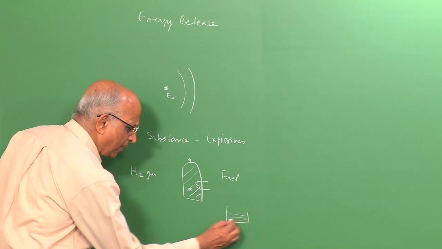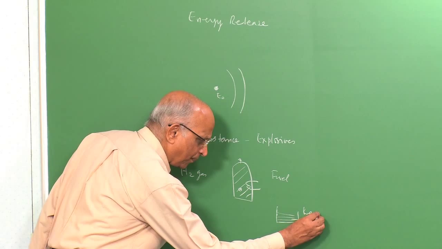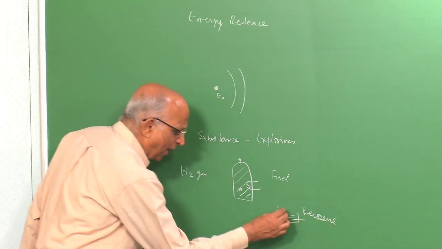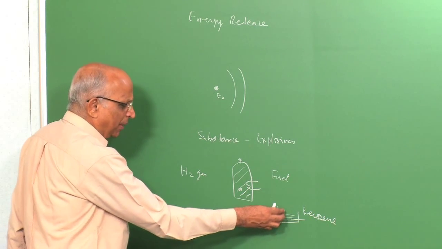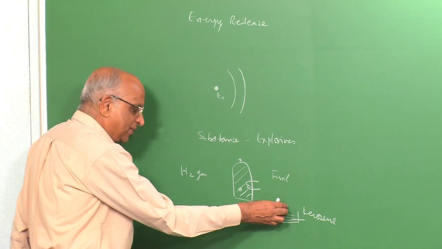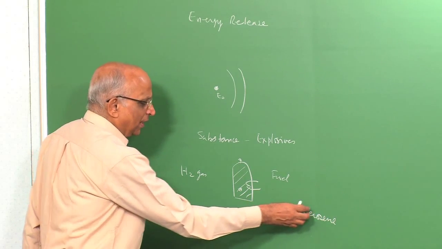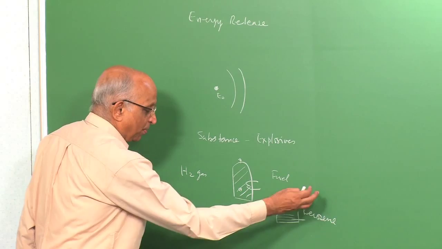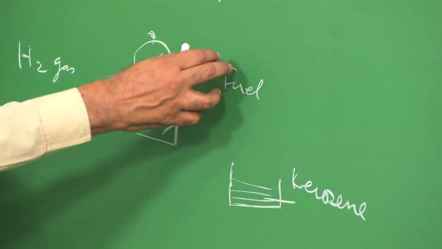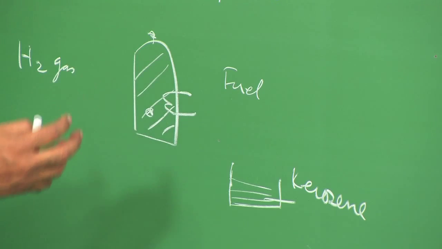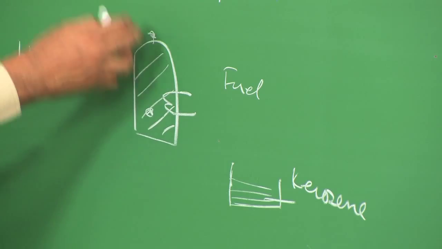If I isolate this kerosene from the air and heat it, nothing is going to happen, it may only vaporize. Unless it mixes with air and reacts with air, combustion or an explosion cannot take place. Therefore, a fuel like hydrogen, methane or ethane is not really an explosive substance.